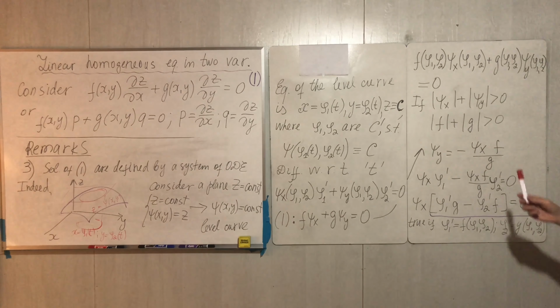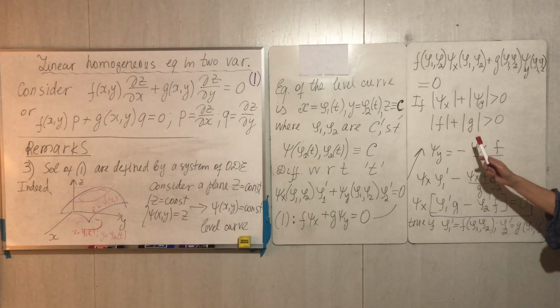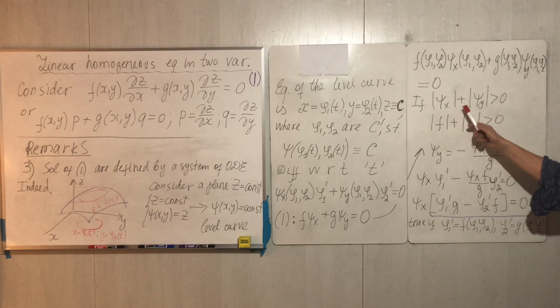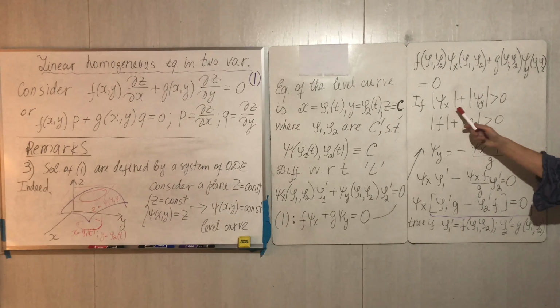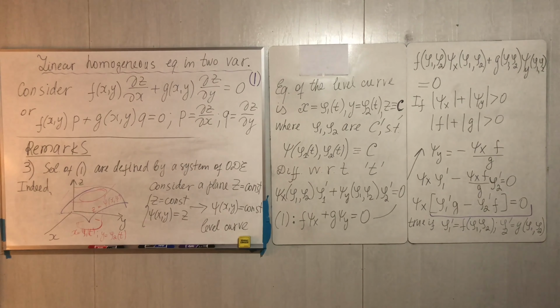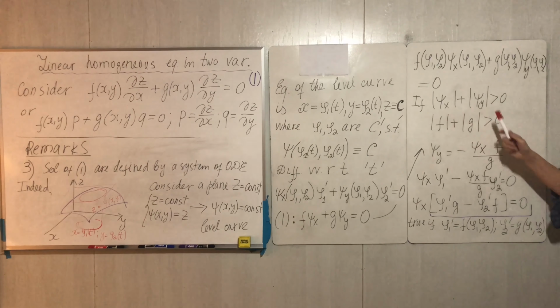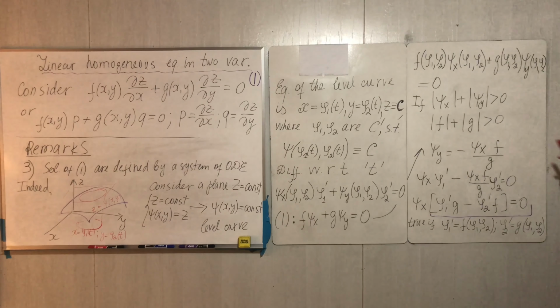And of course we assume as before that f and g, and psi y and psi x, are not equal 0 simultaneously. That's why I put here that the moduli are positive.